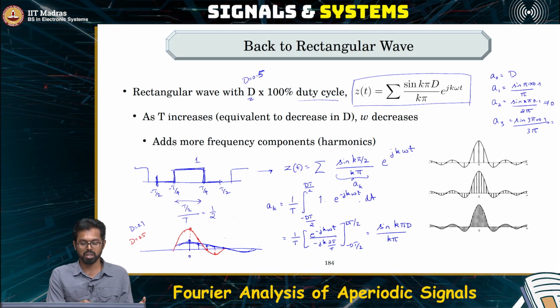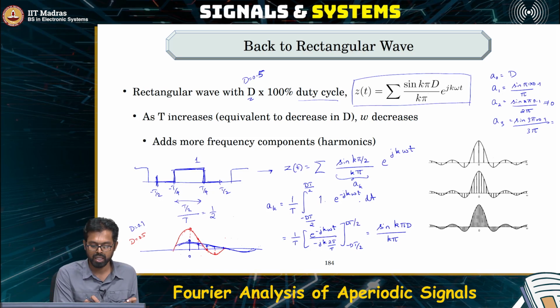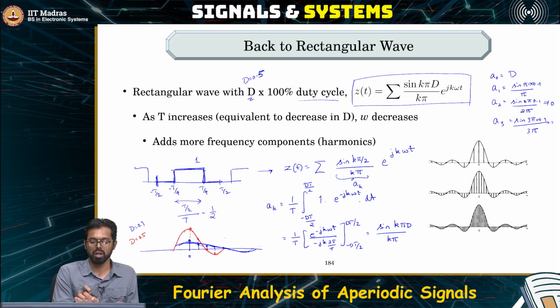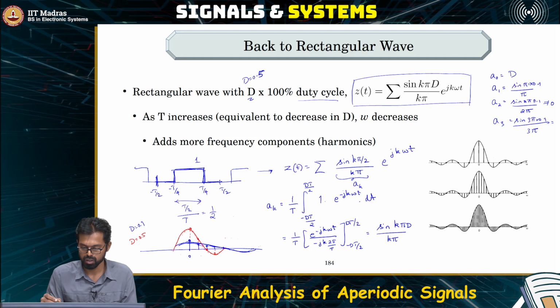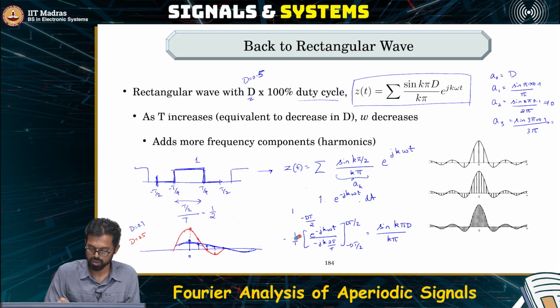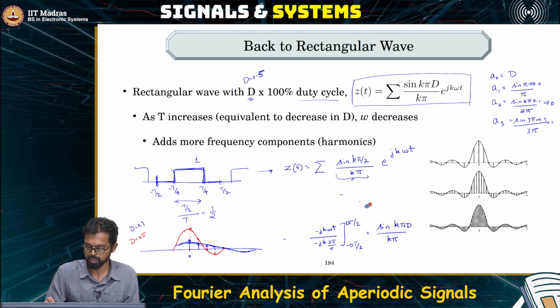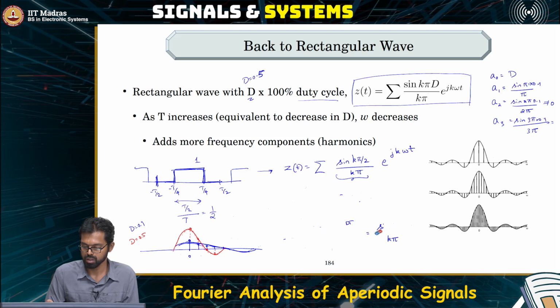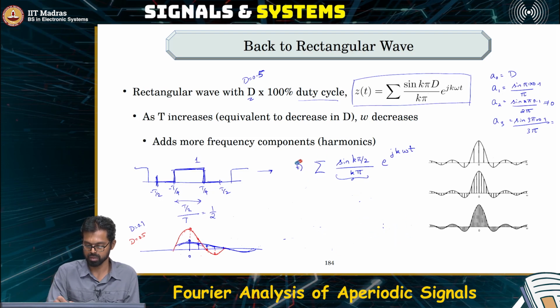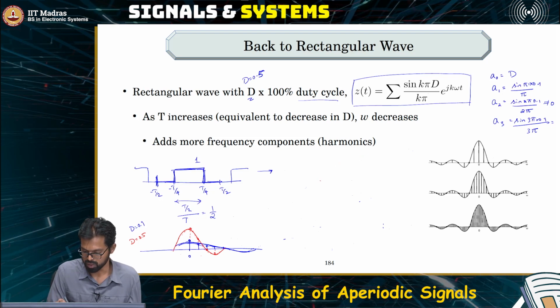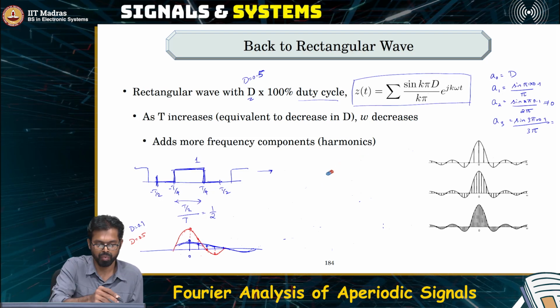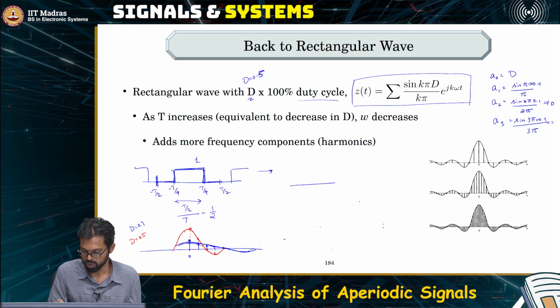We can view this in a different manner. What if we retain the period for which the signal is non-zero, but just change the period of the signal? In other words, what if we transform this signal by just changing its period? So what if I come up with a rectangular function which looks like this?